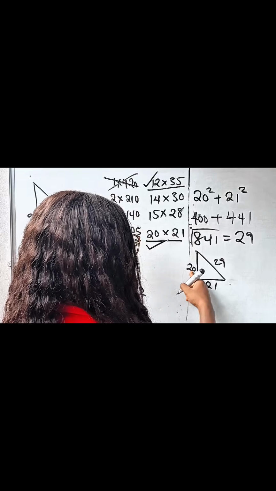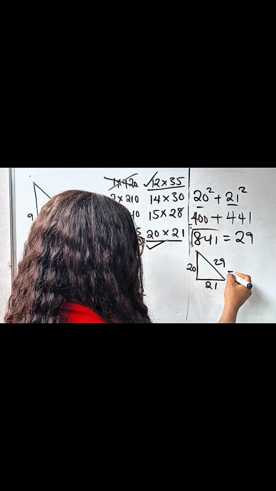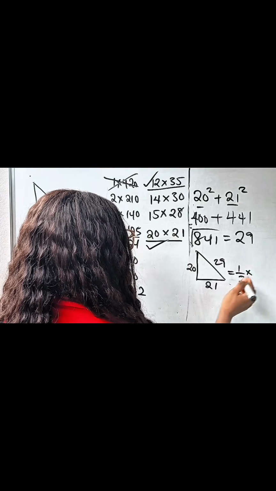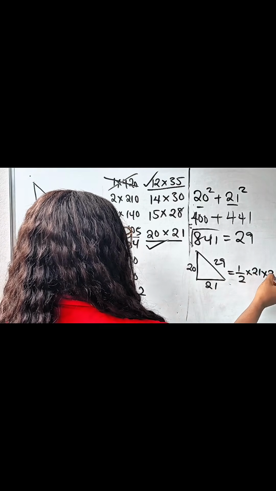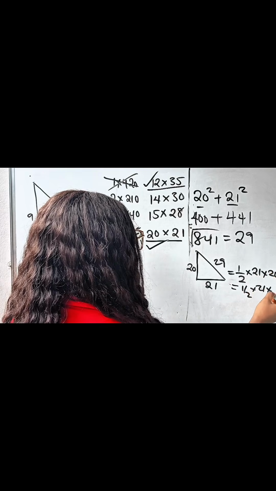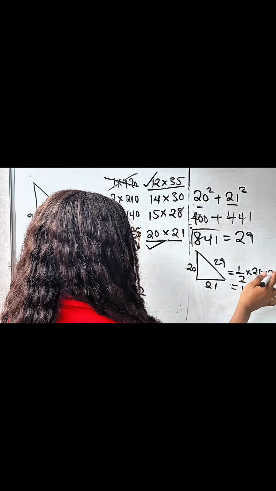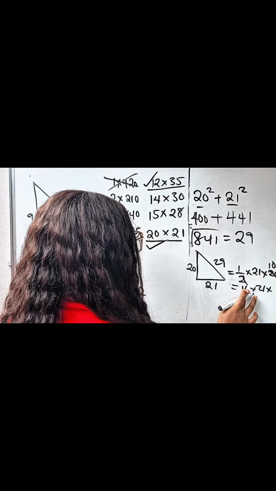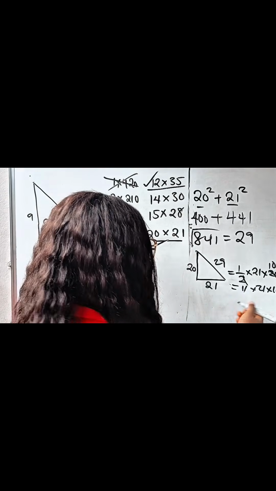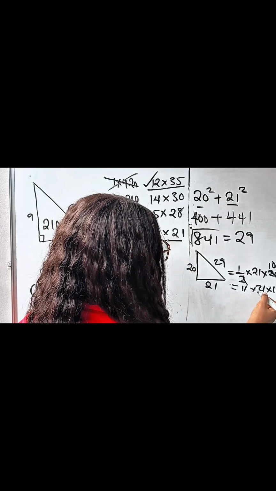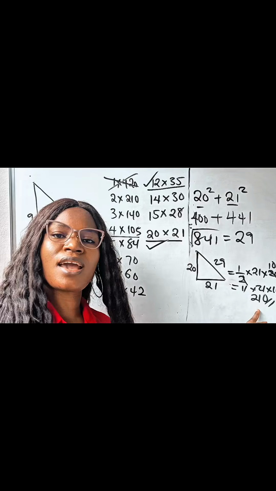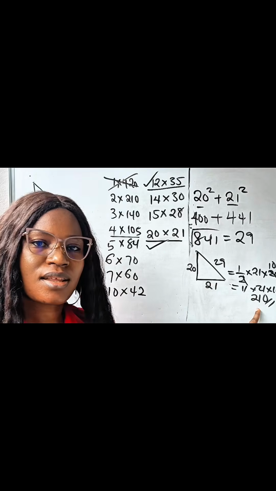Area is half base times height, so half times the base, 21, times the height, 20. Half of 20 gives us 10, so what we have here is 21 times 10. 21 times 10 will give us 210. So you can see that yes, the area is also 210.